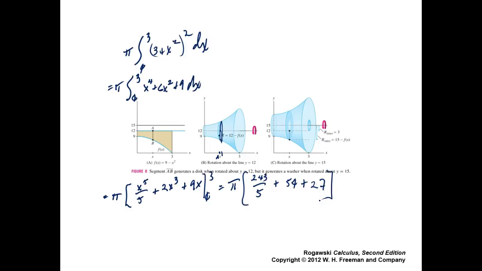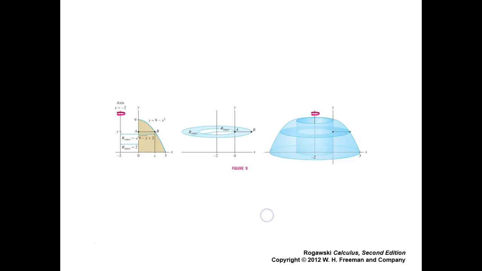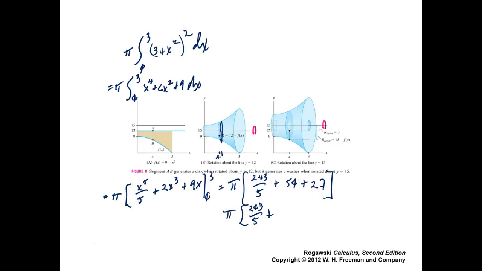Now, the only thing is you've got to get everything over 5. So it's 243 fifths plus, yuck. Okay, how many fifths is 54? 270. Okay.